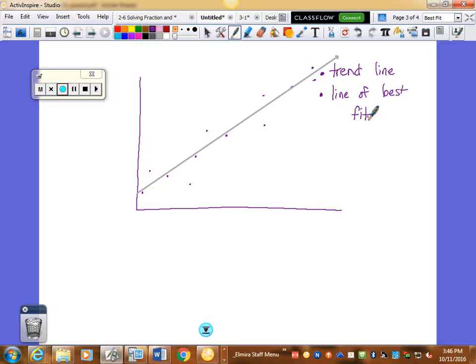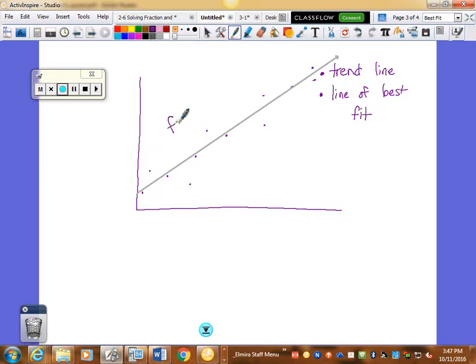And your ultimate goal is, if the data were to continue in this same pattern, to use this trend line to predict what would happen in the future. Now we only have so much space on a graph, so what we end up doing is finding the equation of this line.